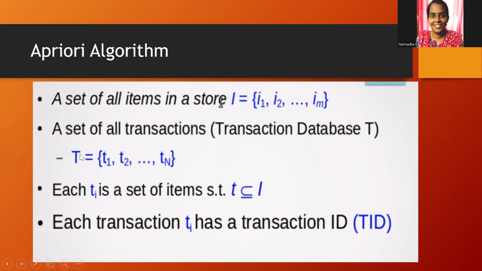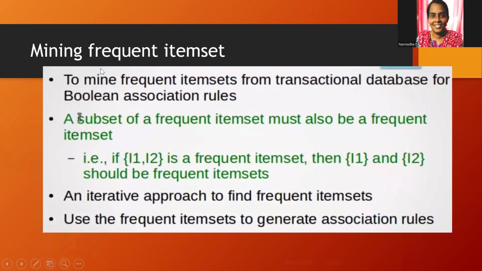T is the collection of all the transactions, from transaction 1 till transaction N, and Ti is the set of items. For a particular transaction, it is the subset of items purchased by the user, and each transaction has an associated transaction ID. So these are the variables needed for the Apriori algorithm.